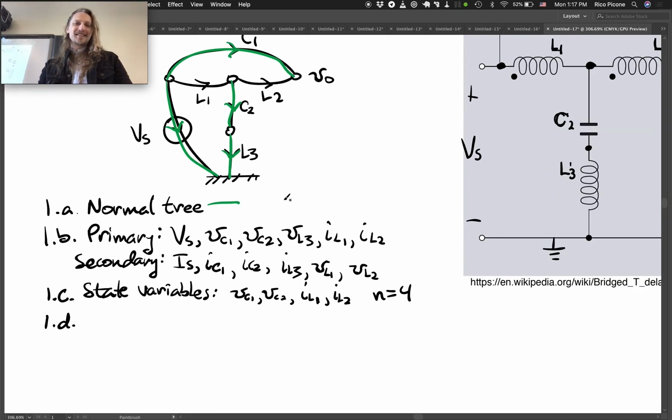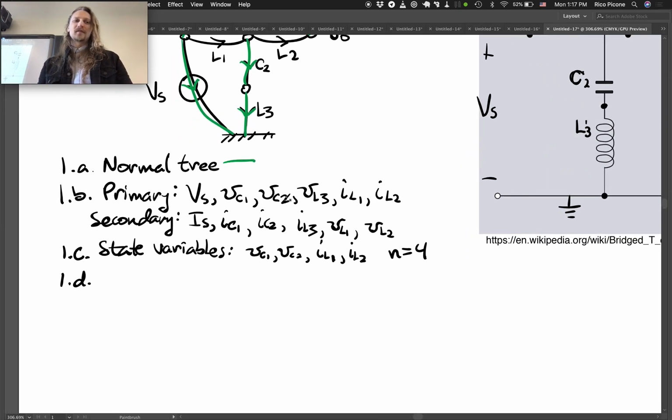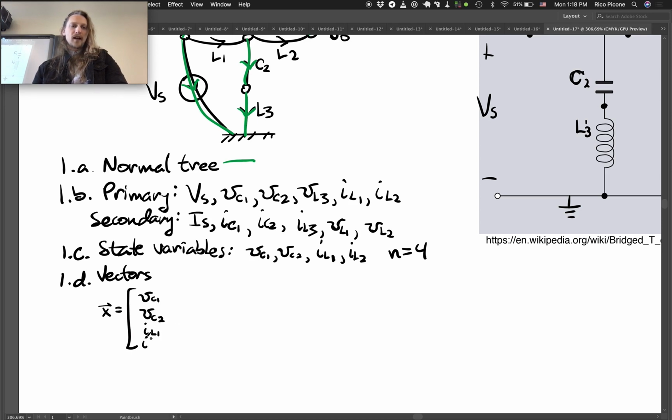Okay. So we have 1D, which is the vectors. We've got a state vector. We can list these in any order we want, but we just have to stay consistent after this point. So VC1, VC2, IL1, IL2.